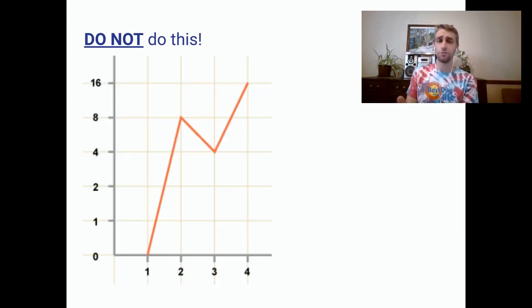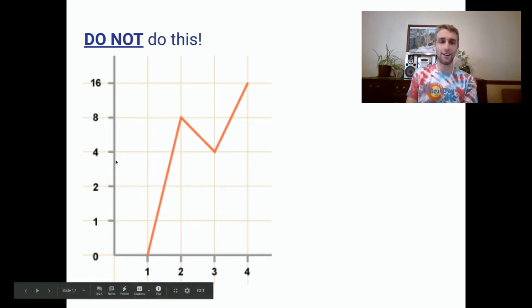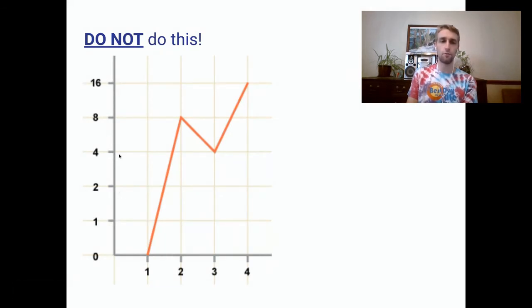Next, the good news with this one is this is a lot harder to do when you're making a graph on a computer, unless you specifically tell the computer to not do it the right way. You probably won't make this mistake, but look out for graphs that have an uneven scaling. So the x-axis here is fine. Every tick mark goes up by 1, but on the y-axis, we go from 1 to 2 to 4 to 8 to 16.